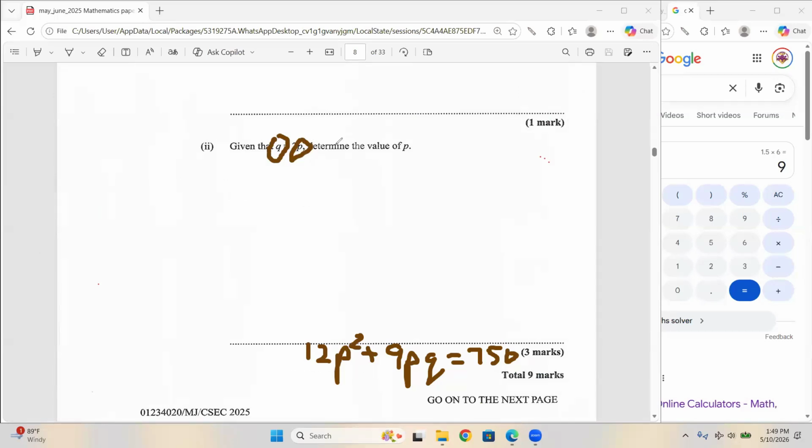Anytime an equation has two different letters, you cannot find the letter they ask you for with one equation. The only time we could find the value of a letter in an equation is when that letter is the only letter in the equation. Or even if we had, let's say, P is equal to 2P, because both of them are P's, so you just transfer the P's and figure it out.